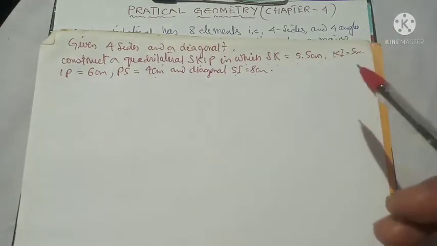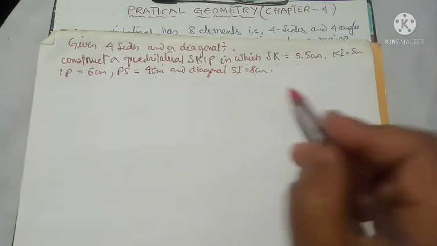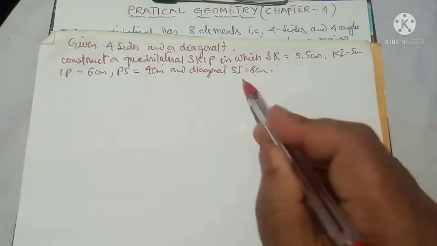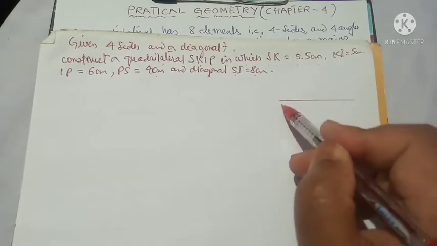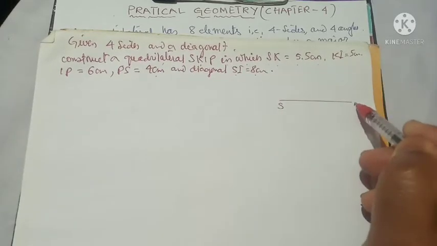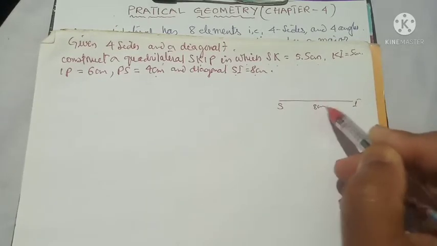First we have to draw a rough diagram. We draw the diagonal first. Diagonal SI is 8 centimeters.